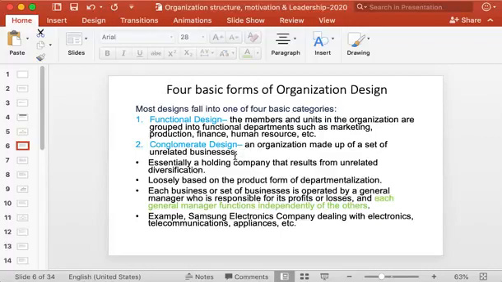Another form of organization design is conglomerate design, where an organization is made up of a set of unrelated businesses.